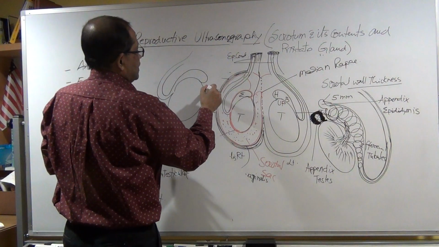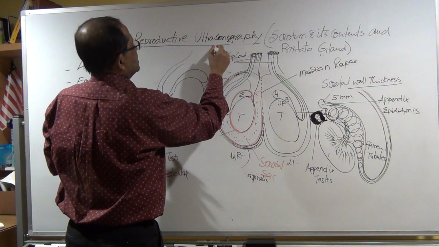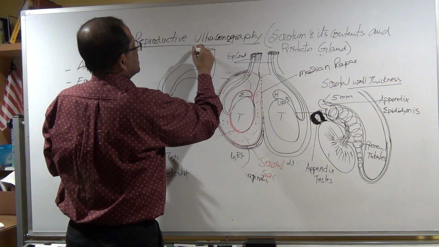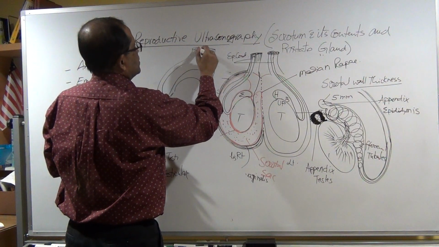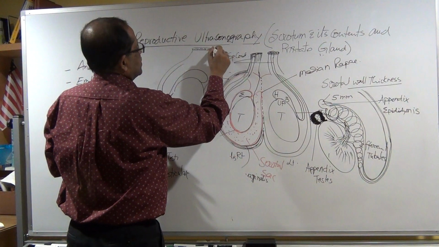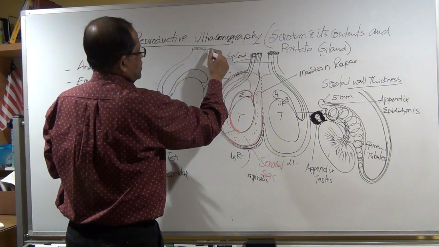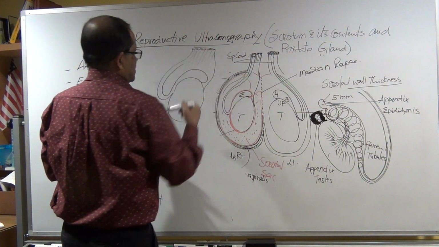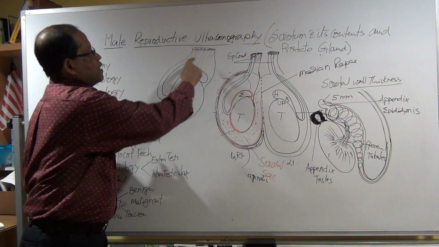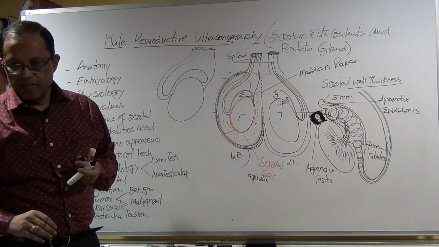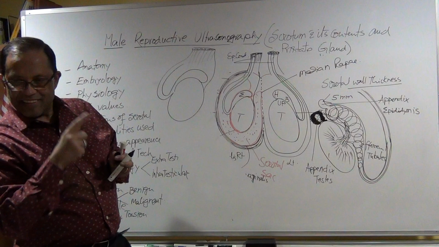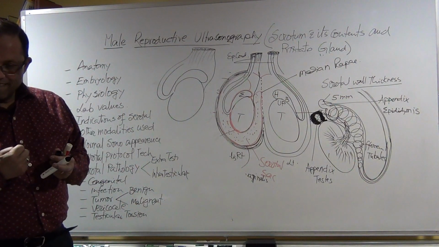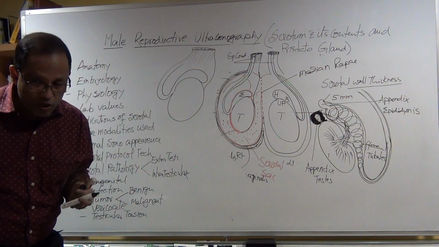So this is the spermatic cord. The whole thing is a spermatic cord. If this spermatic cord gets twisted, normally it's not going to happen.